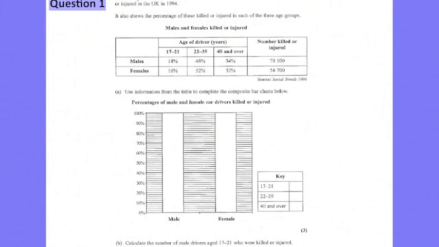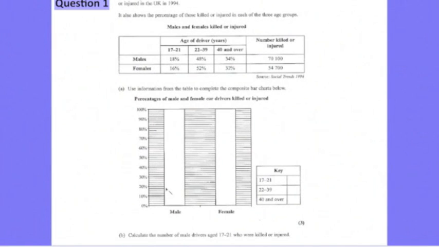So, first step, let's take a look at the males. In the first category, we have 18%. So we will go up to 18 and draw a line across using your ruler at this point here.